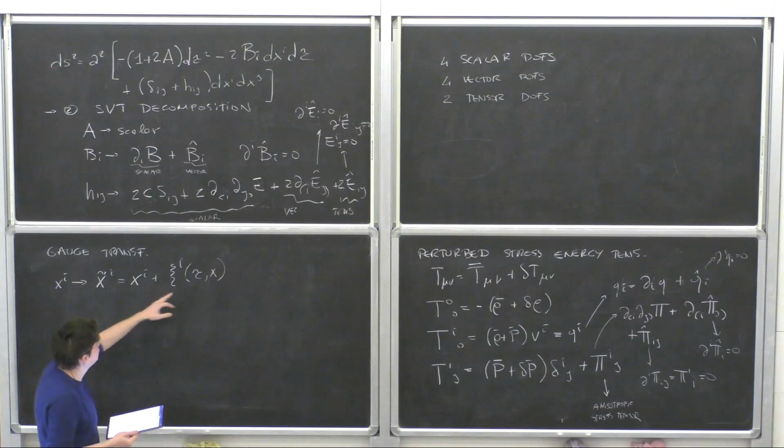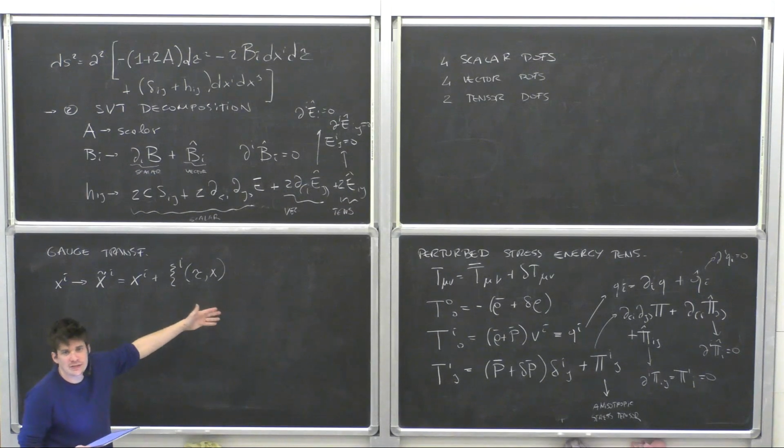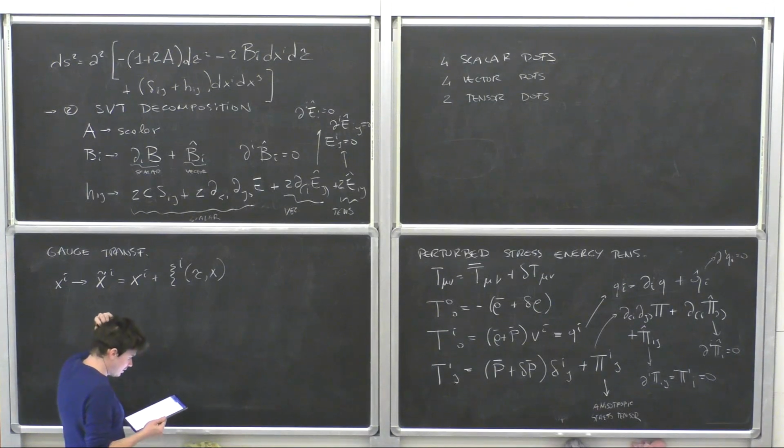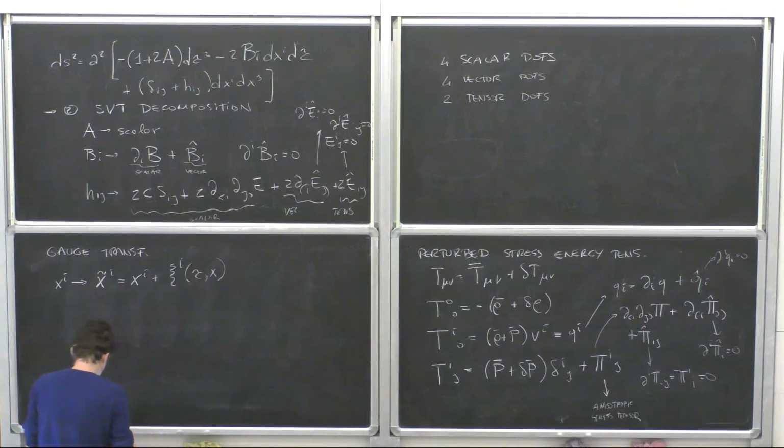I am just changing my spatial coordinates in a way that's time and position dependent. Very easy coordinate transformation. Now let's see how the metric changes.